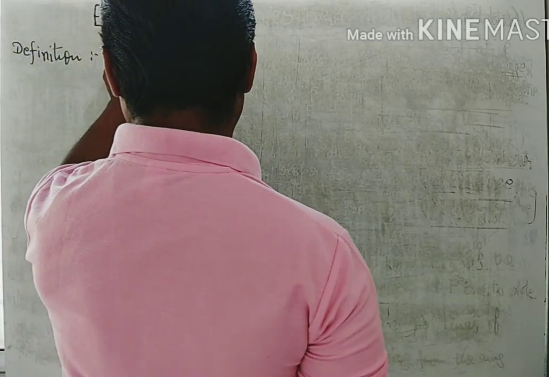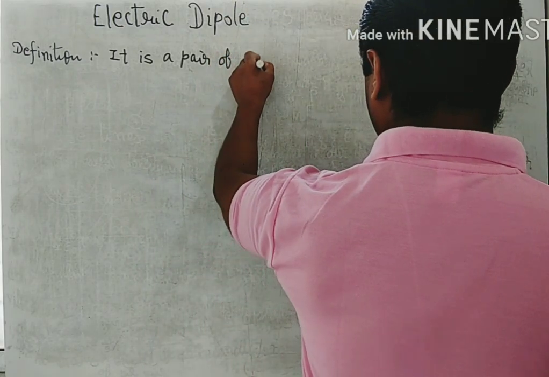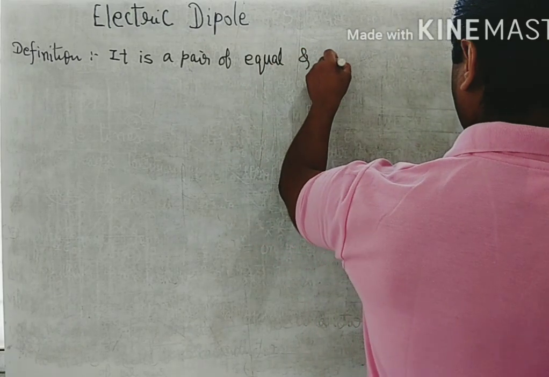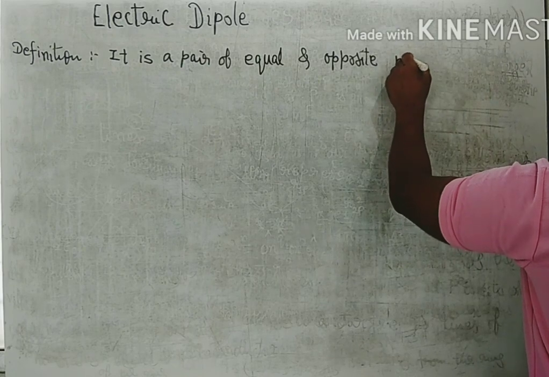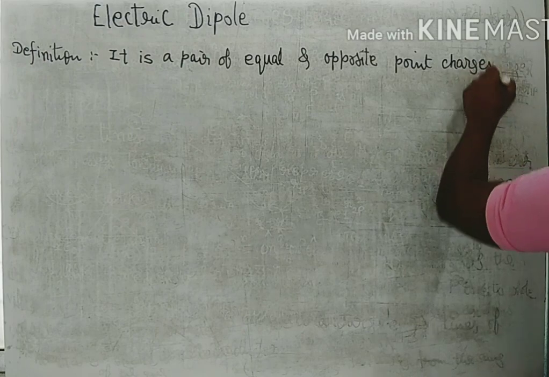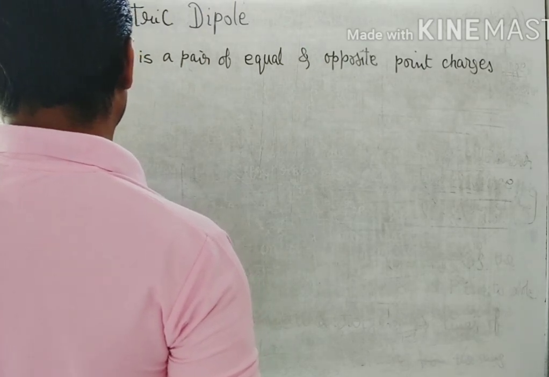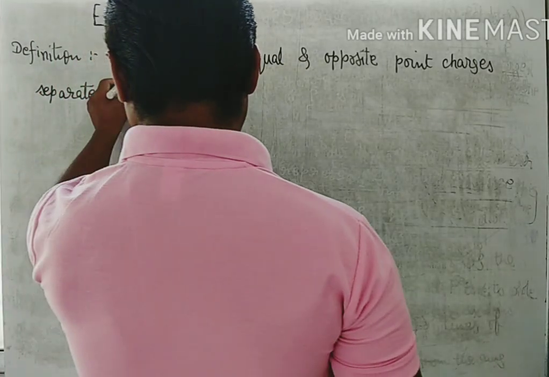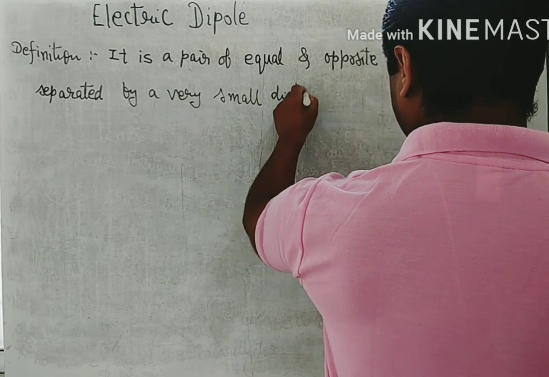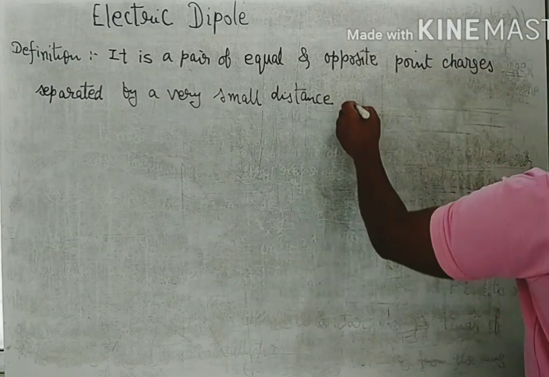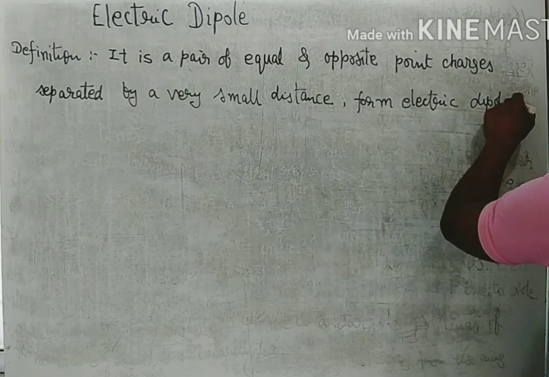So it is a pair of equal and opposite point charges placed, or you can say separated by a very small distance, form an electric dipole. So this is the definition.